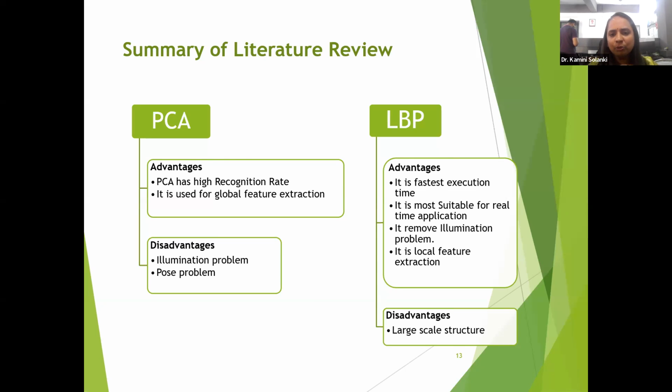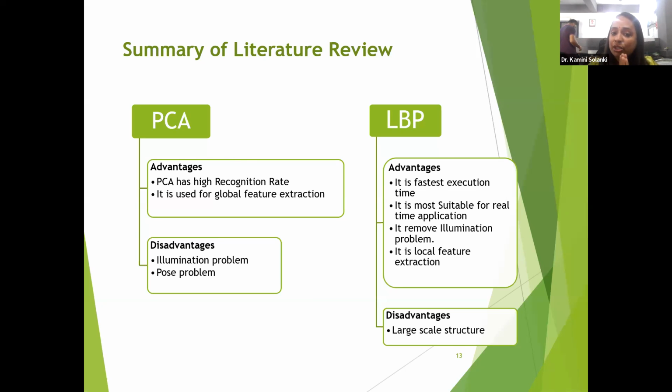Now let us discuss the local one. This is about the global. PCA means global principal component analysis. It works on the global features, the shape of your face, and extracts the best features, the best factors you can say, from your face data. Now LBP. LBP has the fastest execution and is most suitable for real-time applications.